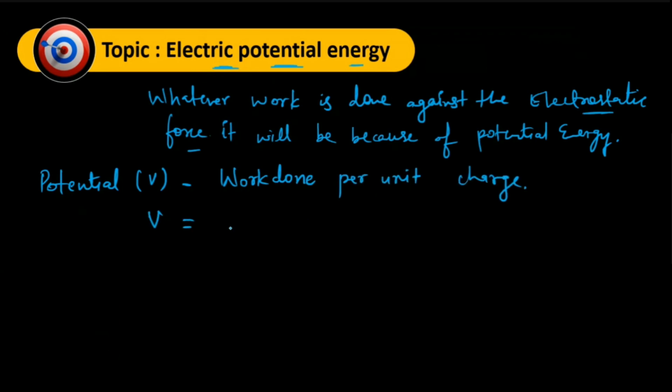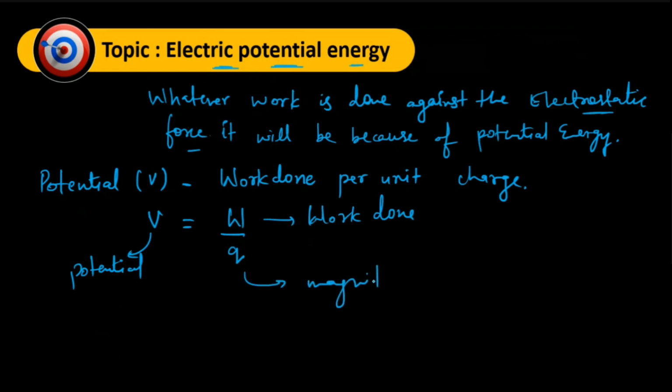V is potential, W is the work which must be done, and Q is the magnitude of charge.